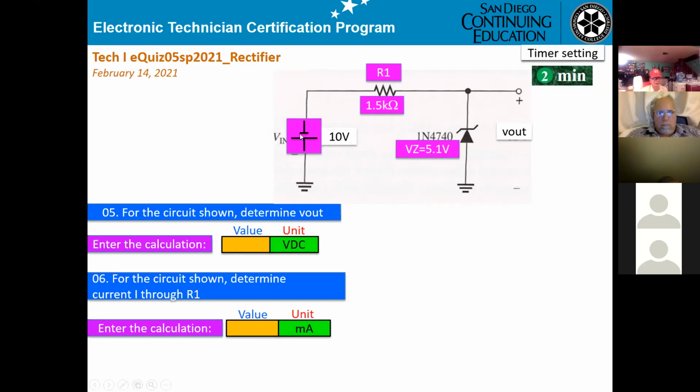You can look into the side here. Negative, positive. If you want to be a technician, this has to be no problem.